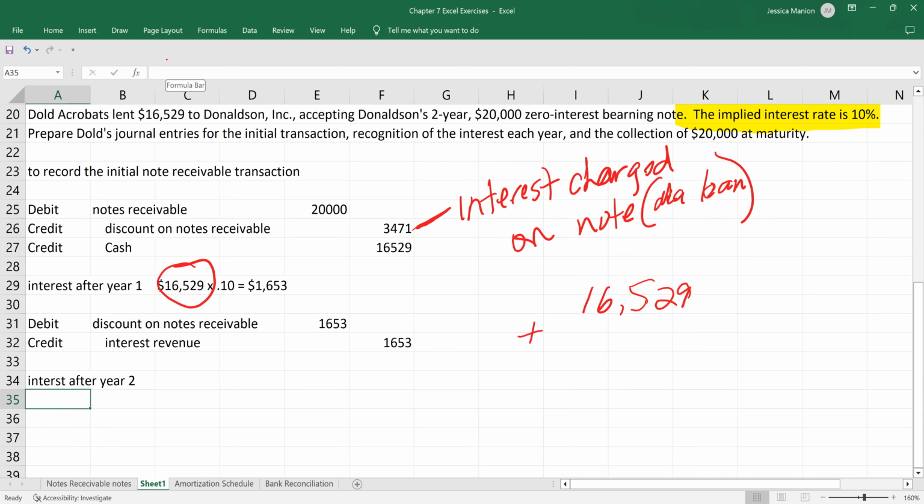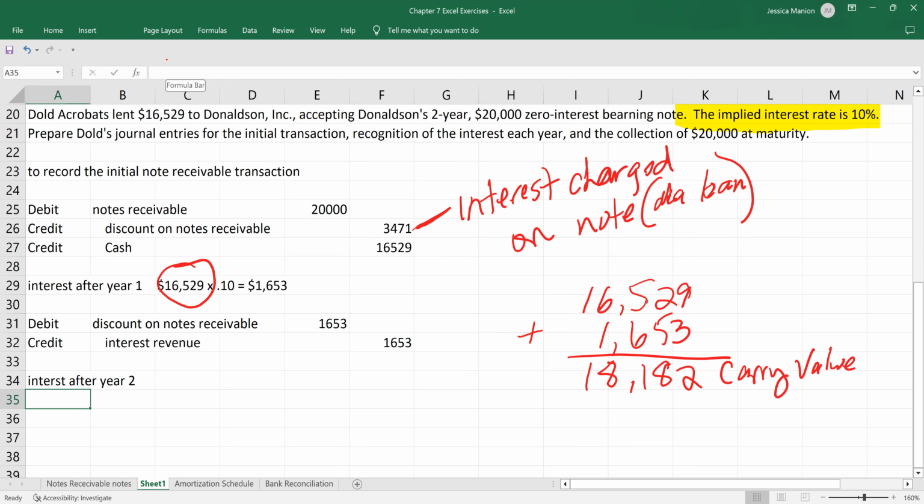And then after year one, we amortized 1,653. So the carrying value of this note, 16,529 plus 1,653, is now 18,182. Carrying value.